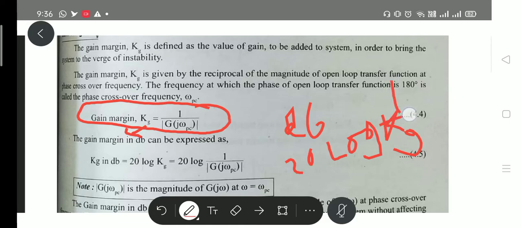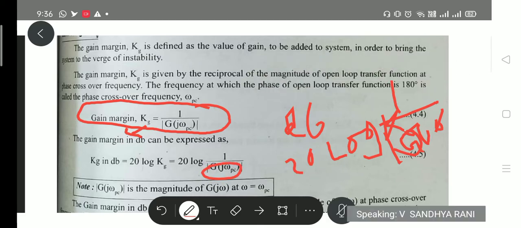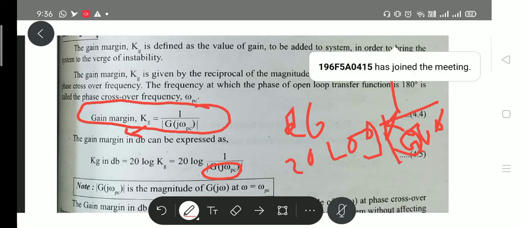In place of 1 by Kg, 1 by mod of G j omega can be substituted. We can calculate 20 log 1 by whatever the value of G of j omega, that value. Then we will get the gain margin in dB.